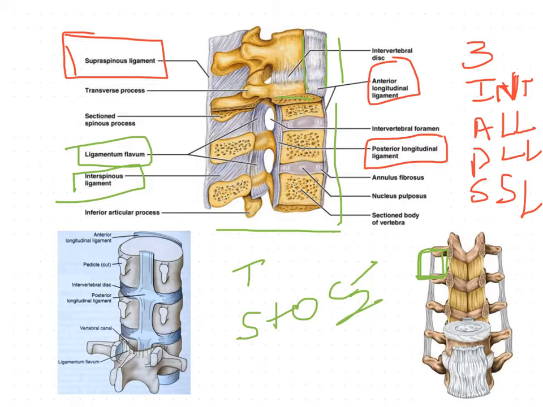Okay, so this is the attachment of the anterior longitudinal ligament, and it has superficial fibers as well as deep fibers. Superficial fibers are long and bridge several vertebrae, while deep fibers are short and run between single pairs of vertebrae.